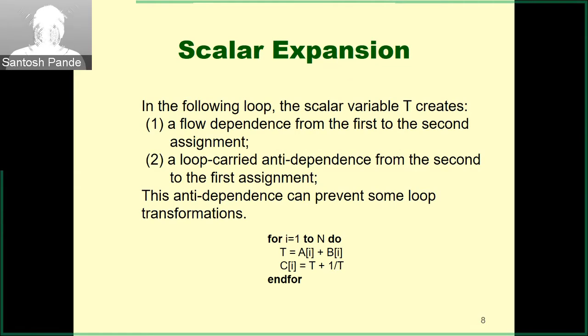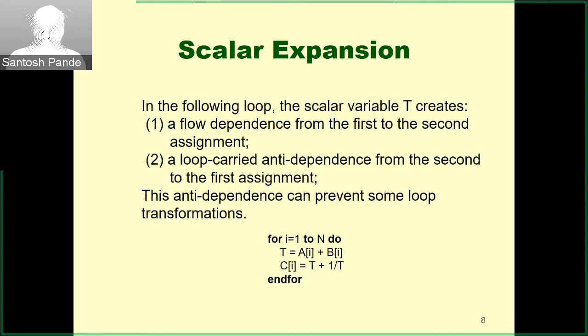If you analyze the dependencies here, we have a flow dependence from T to T, from the first statement to the other. But unfortunately, we also have an anti-dependence, from the second statement to the first one, which is loop carried.